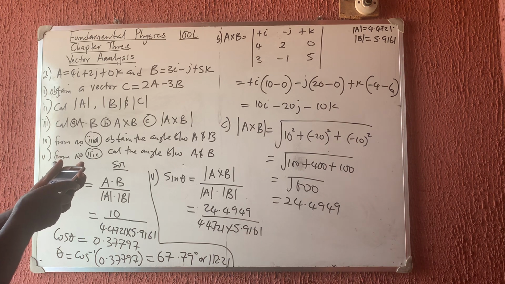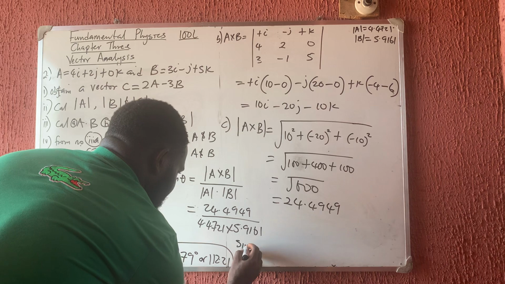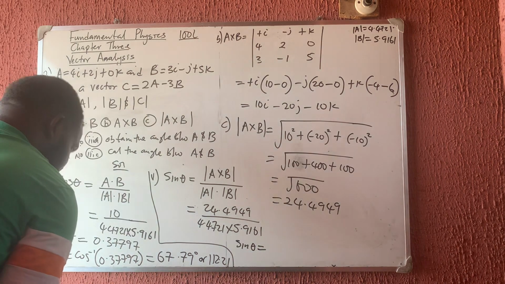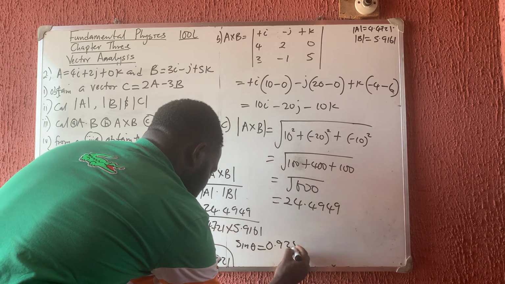So if we do that, 4.4721 times 5.9161, then 24.4949 divided by my answer, I have that sine theta is equal to 0.9258.